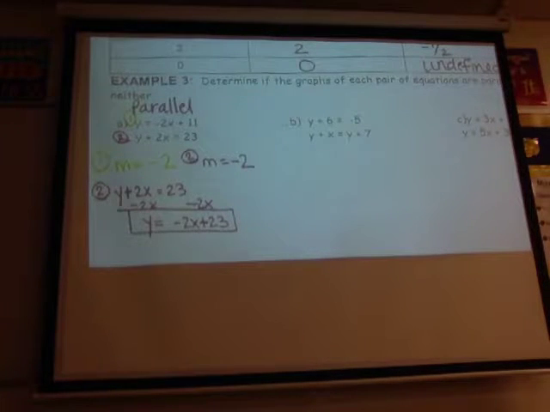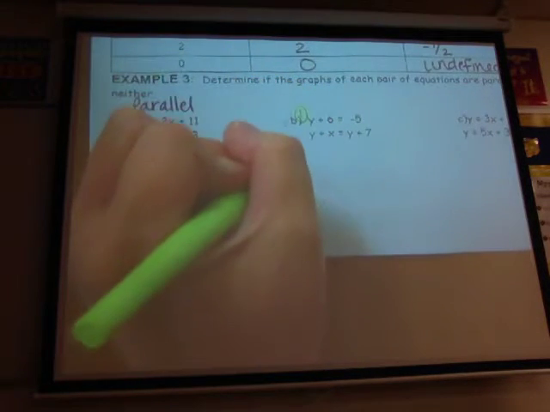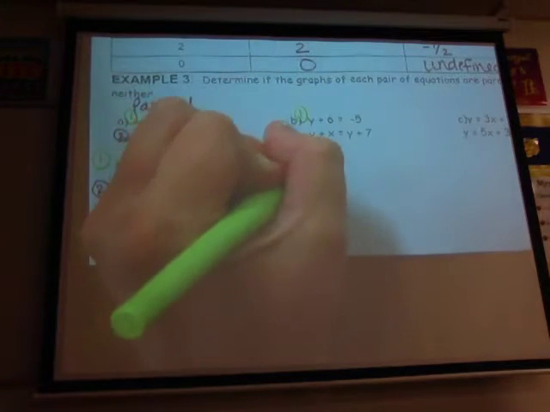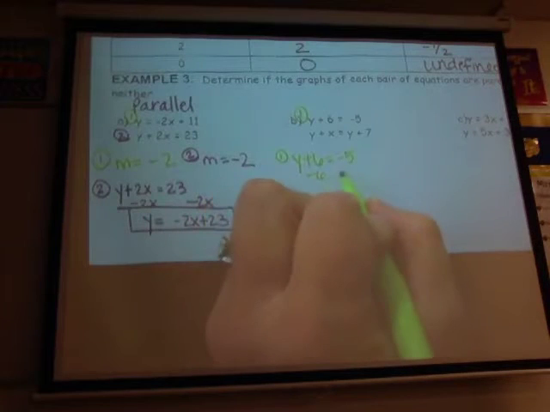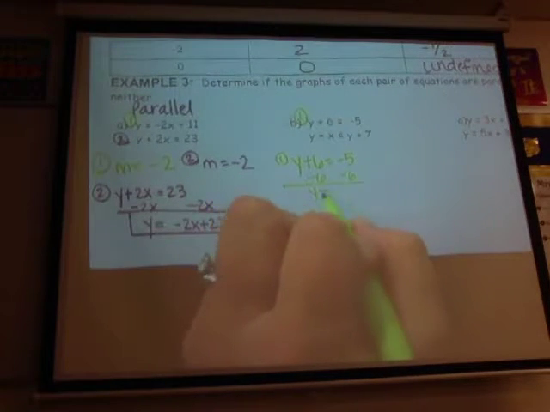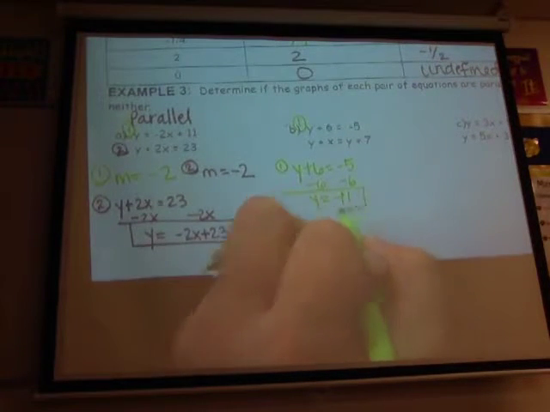We're going to repeat that for examples B and C. So example B, y plus 6 equals negative 5. Is that one solved for y? No, so let's do that. So what do I do first? Subtract 6. That gives me y equals negative 11. What's my slope?